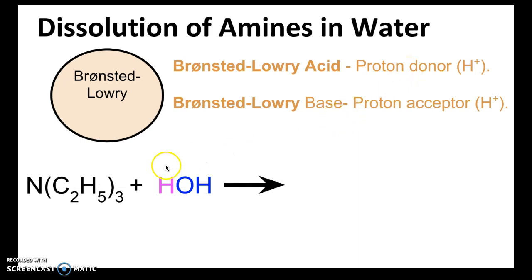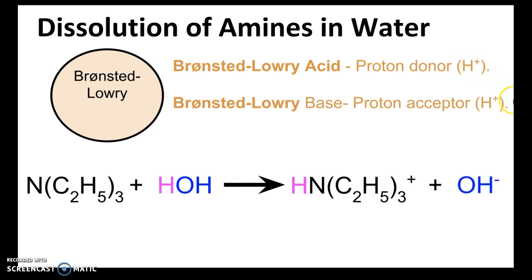So the amine is going to accept the H plus from water. And that goes with the nitrogen here. And what's left over is OH minus. That's what we get there. So the OH minus that's produced in a solution when you dissolve an amine in water is not from the amine itself, it's actually from the water.